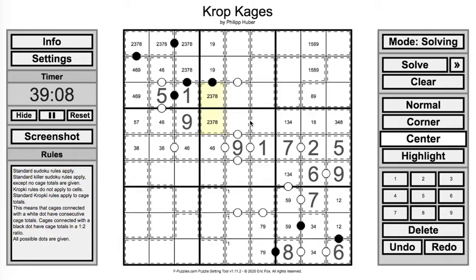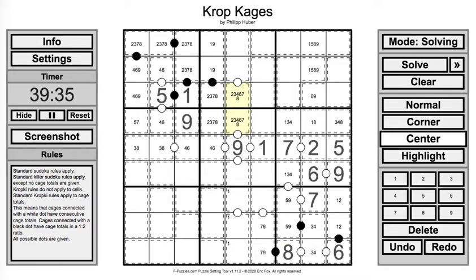Maybe we might have to pencil mark a little before I remember the next step. We definitely know that this has to sum to 10 as well, and it cannot be a 1, 9. So let's use pencil marks 2, 8, 3, 7, or 4, 6.